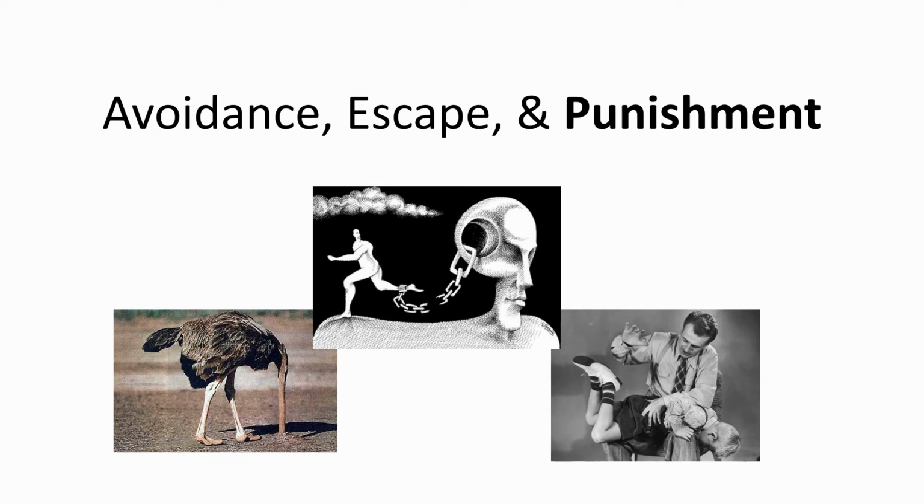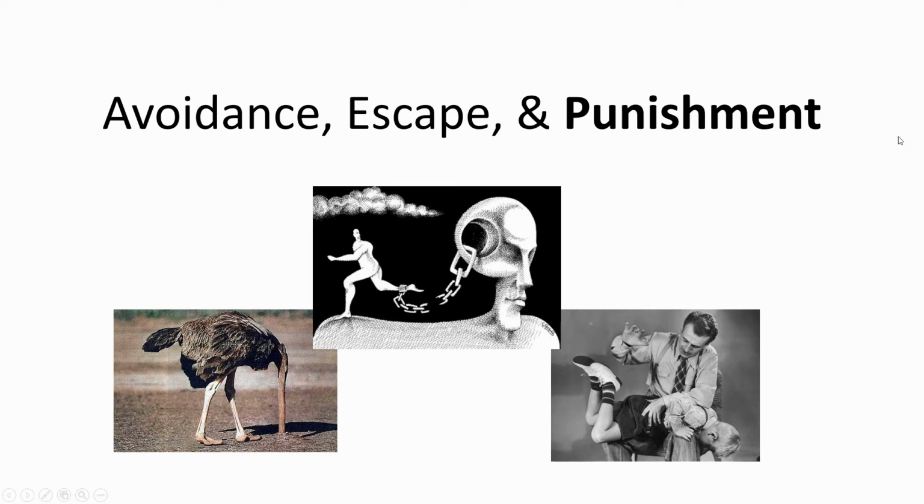So punishment should lead to a decrease in that instrumental response. You should do that behavior less because it leads to an aversive outcome. Whereas with avoidance and escape, making that response is actually leading to a better situation, and in both escape and avoidance, you should come to do that instrumental response more frequently.